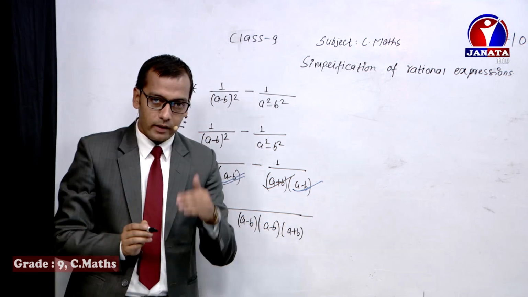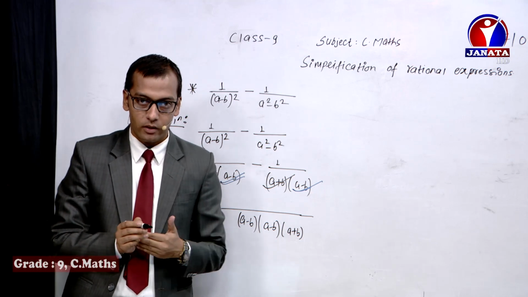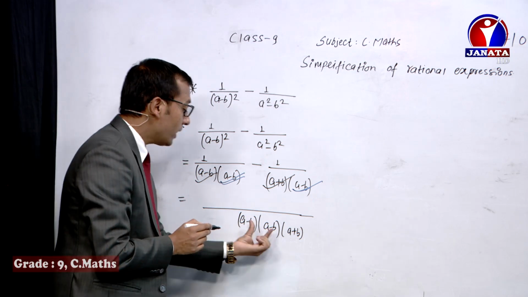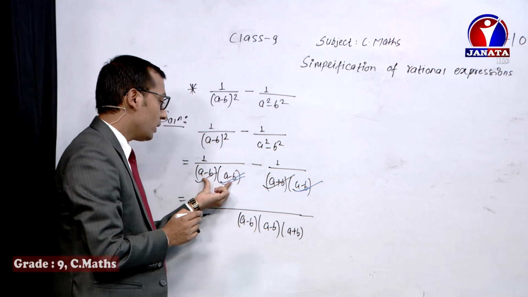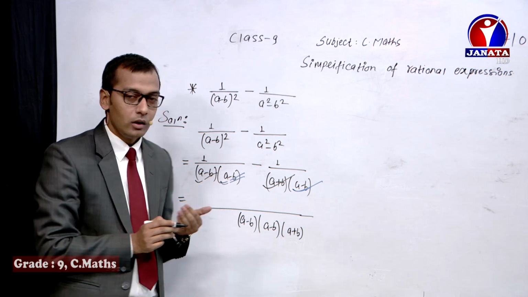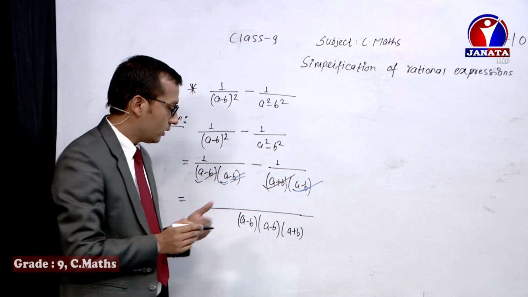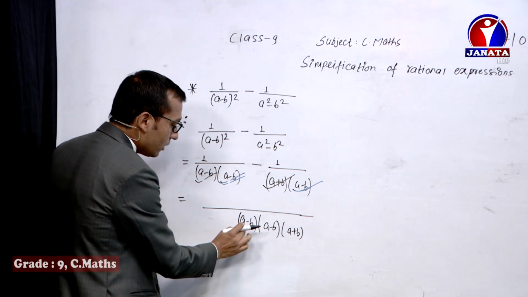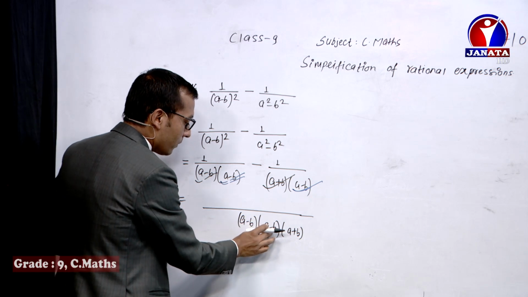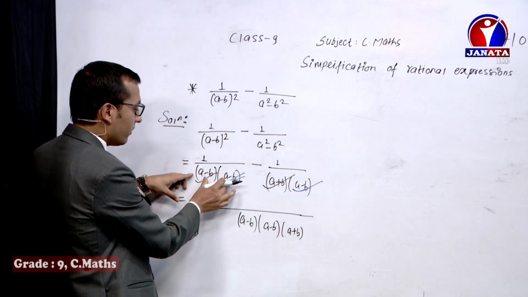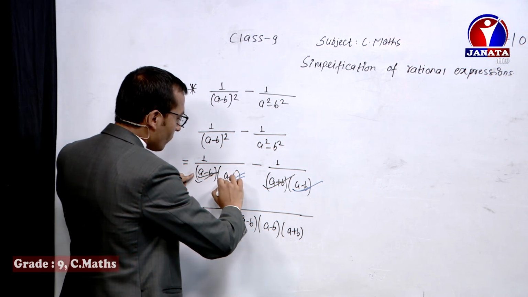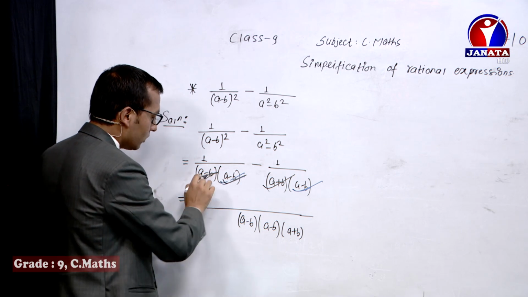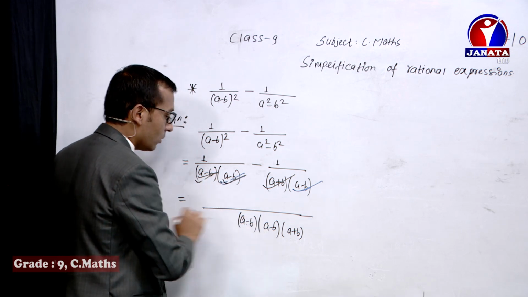Now it's same like the previous questions. After taking the LCM of denominator, we divide LCM by denominator, then we multiply the result in the corresponding numerator. So here if we divide LCM a minus b times a minus b times a plus b by the first denominator a minus b times a minus b, two factors a minus b will be cancelled out, and what is the factor left?